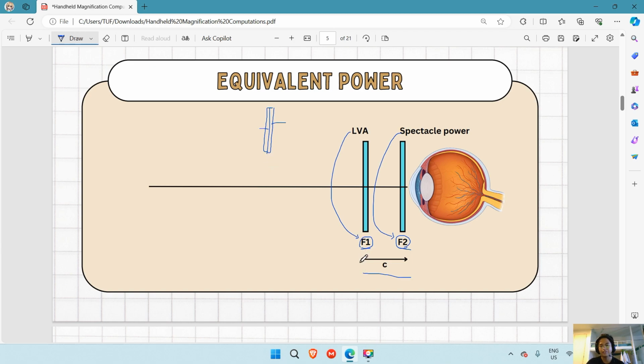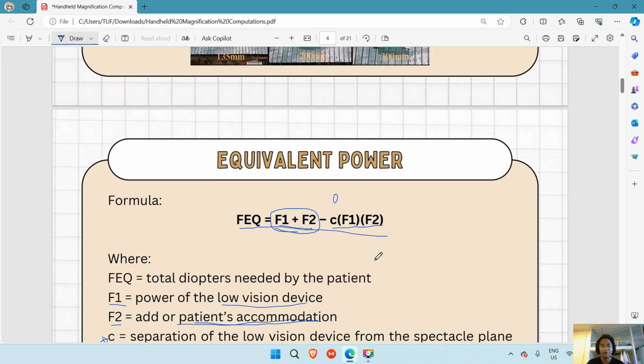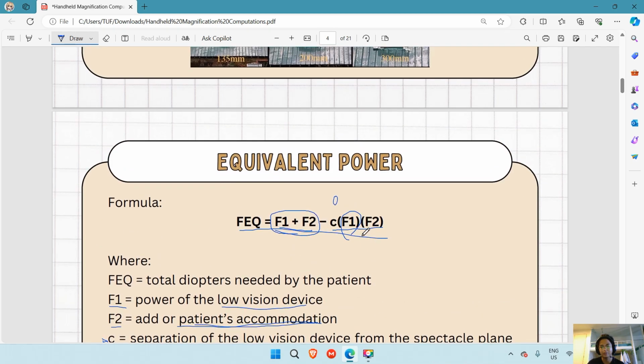However, if there is separation, if this C exists, that's the time you have to deduct. So where do F1 and F2 come from? F1 and F2 is the total magnification or the synergistic effect.